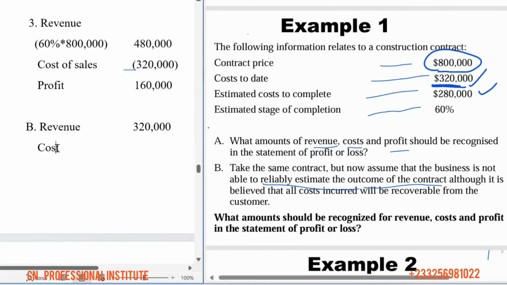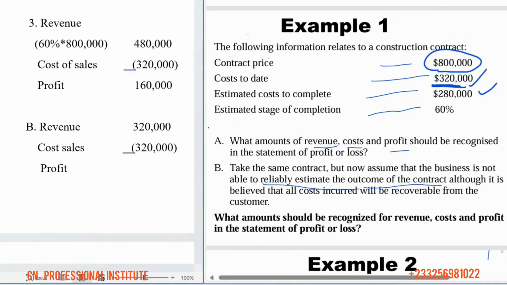So our cost of sales here will be the same, 320, and we record 0 profit. Don't forget that. If we cannot determine the progress, then the standard says we should record revenue in a way that the cost we've incurred to date will be covered.